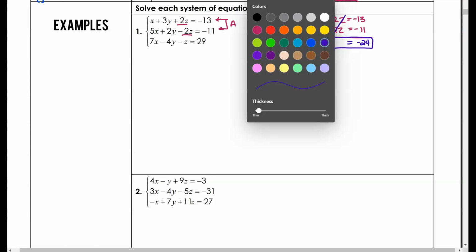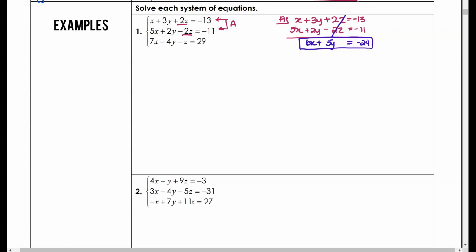All right, now I need to figure out what other 2 equations I'm going to combine to get my next step. I can take any 2 to combine and I'm going to get rid of z. So I'm just going to go ahead and combine the last 2, and we're going to call this b. I could have combined the last one and the first one. It doesn't really matter. Your process will look a little bit different, but you'll get the same answer.